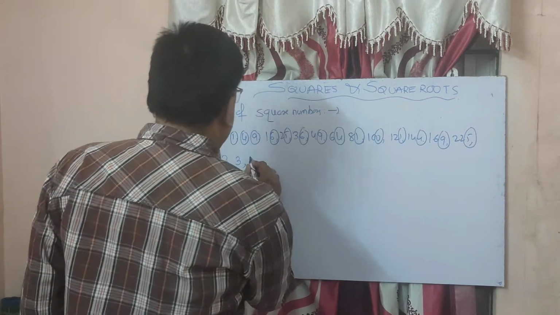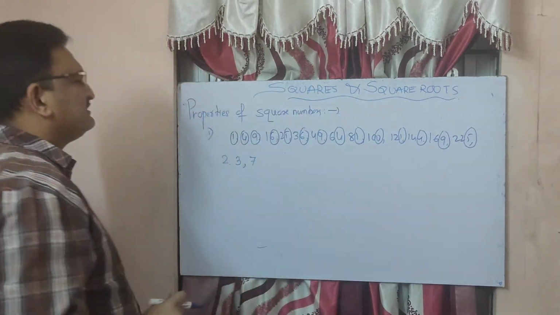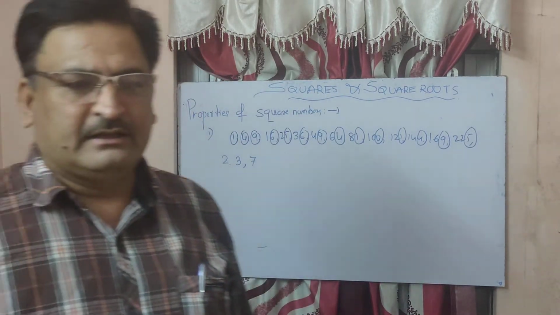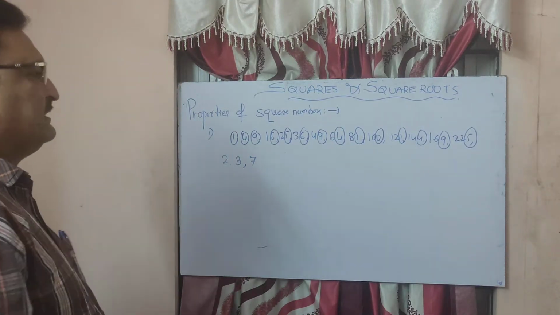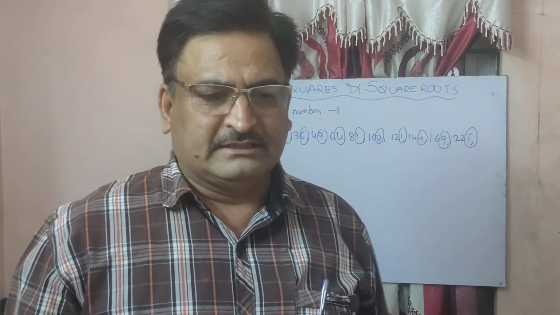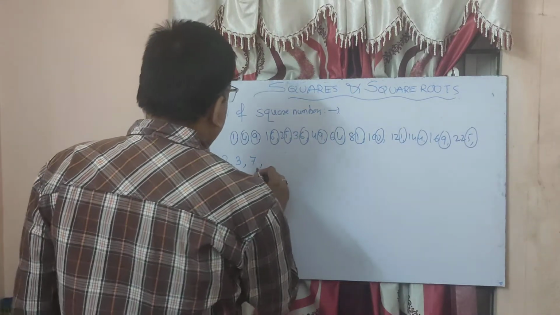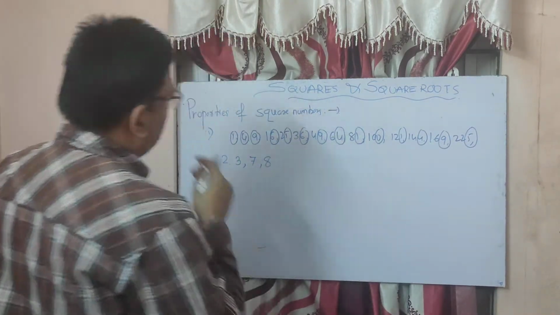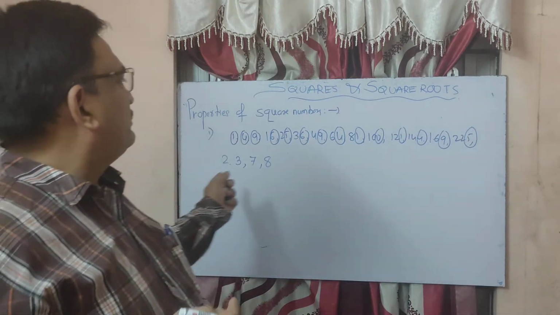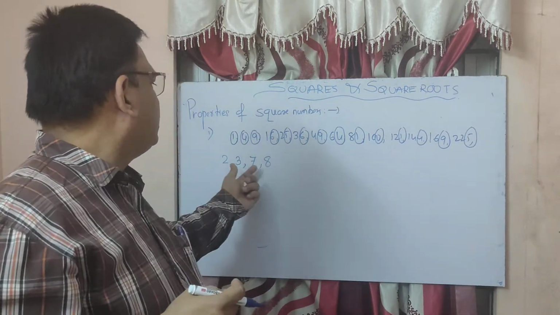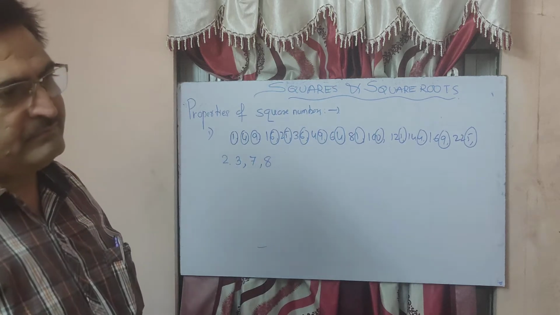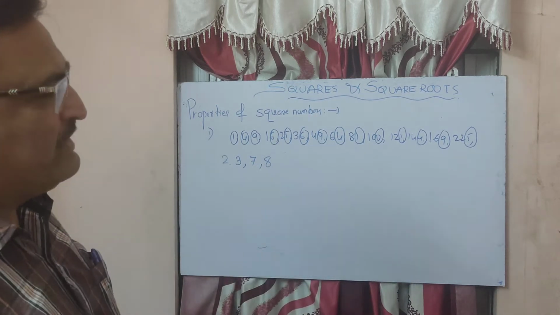Now next one is 7. You cannot see 7 in the end. Can you see 7? And the last one will be 8. Can anybody see the unit place as 2, 3, 7 and 8? No. We never see.